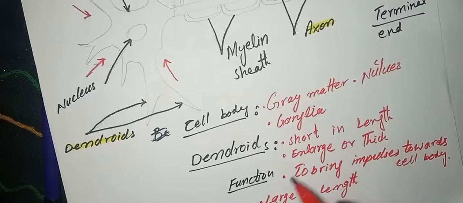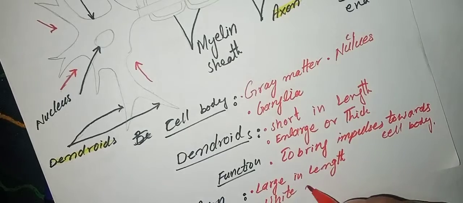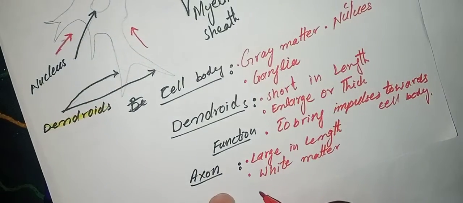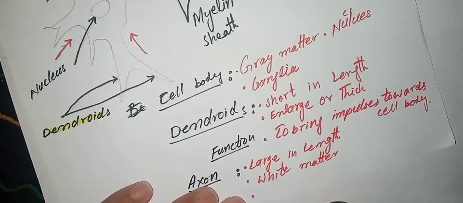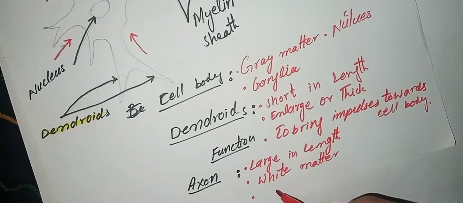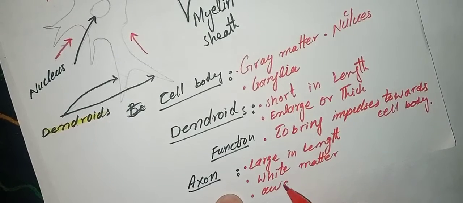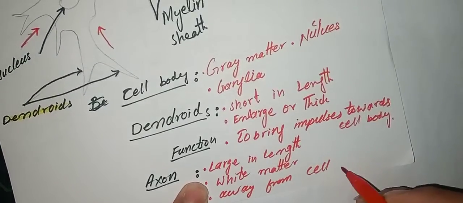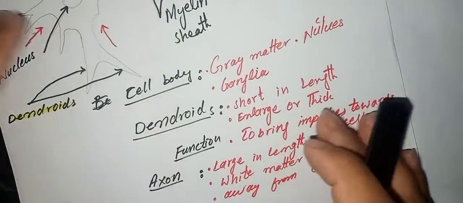The cell body makes gray matter, and the axon makes white matter. The next point is they take the messages away from the cell body. So this is the topic of today.